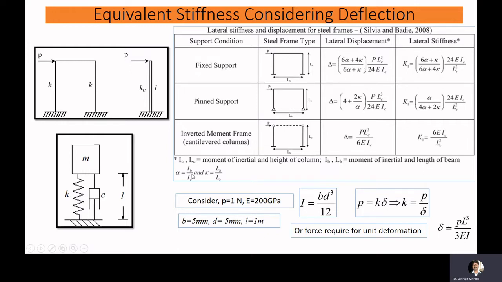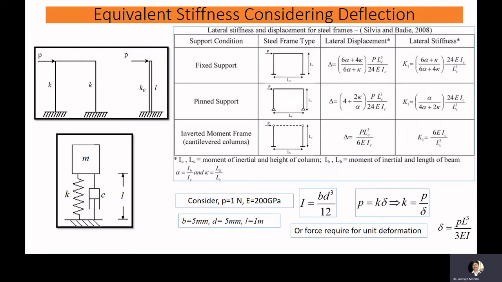Okay, so here alpha is the ratio of the second moment of inertia of the beam and the column, and this is the ratio of the lengths, LB by LC. Here, for this case, I assume all are the same: IB is equal to IC and LB is equal to LC.